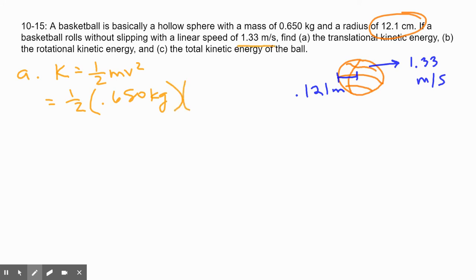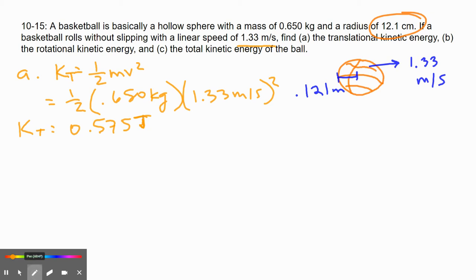And we see that right here, 1.33 meters per second squared. So my translational kinetic energy, and I guess I should label that with a T, my KT, is equal to 0.575 joules. Okay, that's part A.